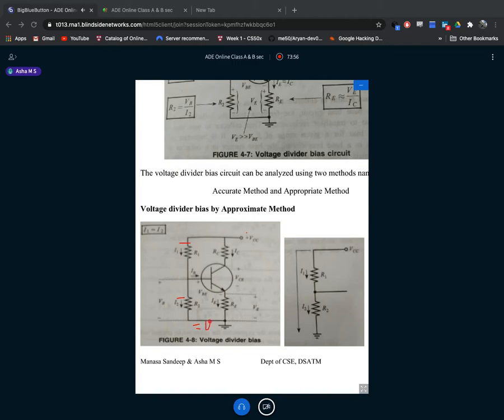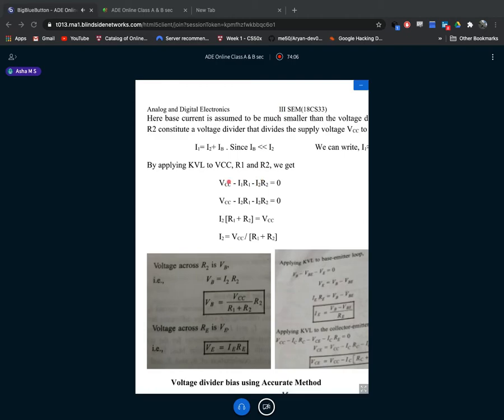Next, we are solving. Just now we saw that I1 is approximately equal to I2. So in the derivation, in place of I1, I'm substituting I2. So VCC minus I2 R1 minus I2 R2 equals 0. We take I2 common, and you will be left with I2 into R1 plus R2 is equal to VCC.